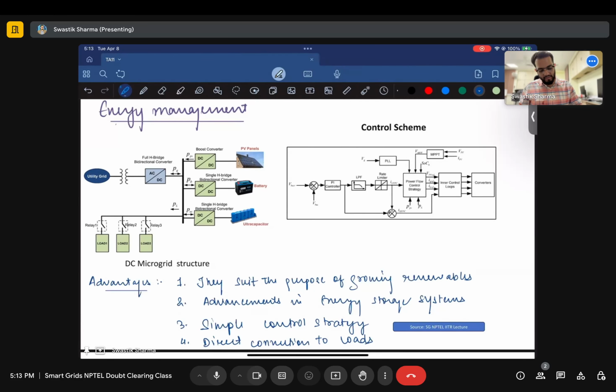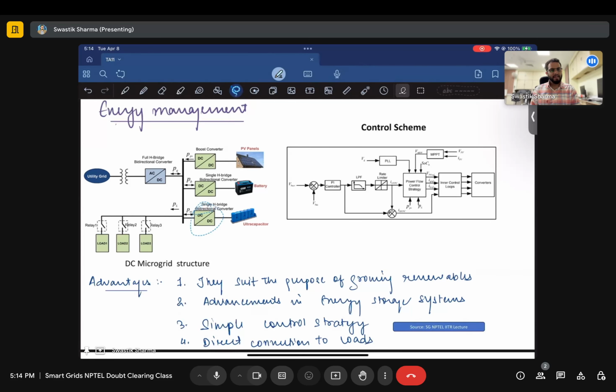Now there is one big thing: this bidirectional converter, or all of these converters that we are using, we need to be able to provide control in such a way that we make sure that the bus voltage stays closer to the reference voltage.